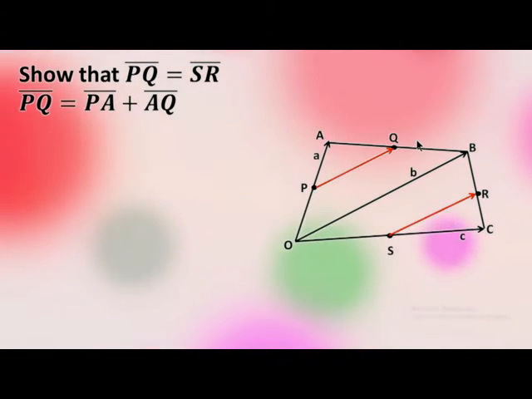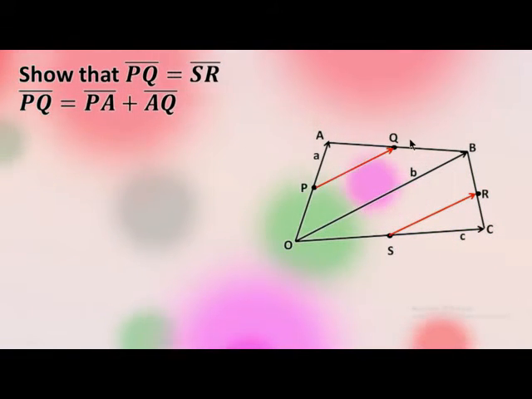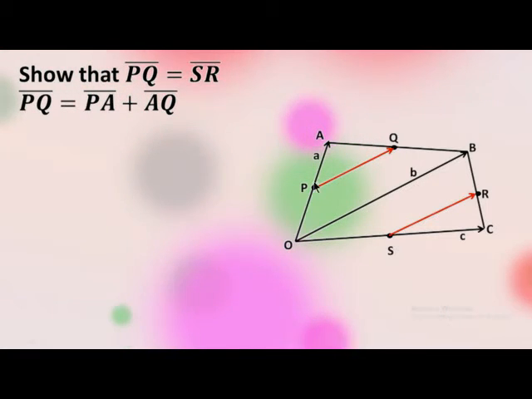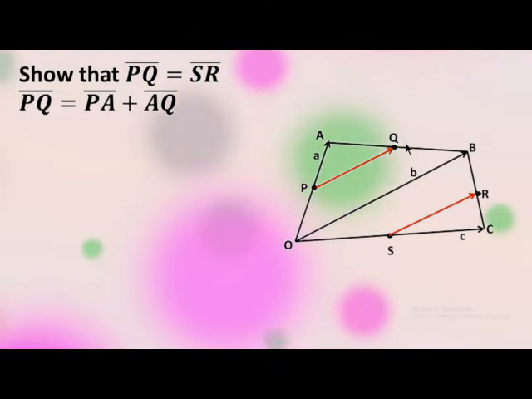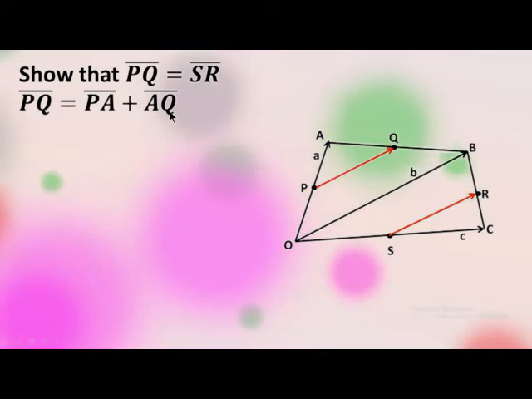See vector PQ as a vector resultant. PQ is a vector resultant of PA plus AQ.